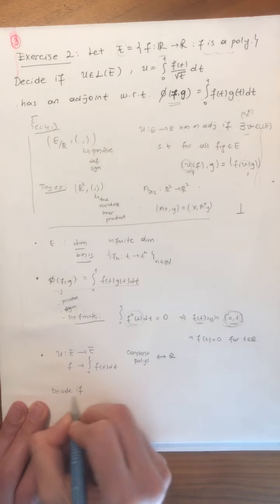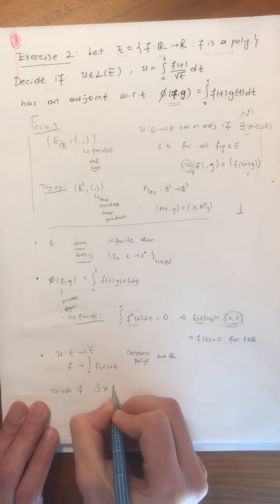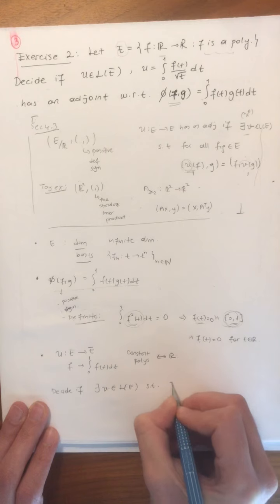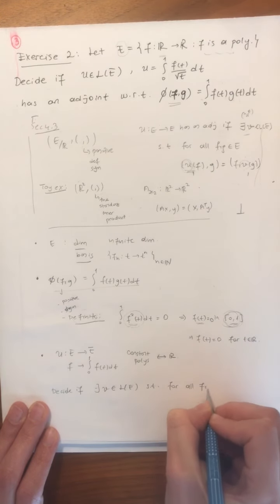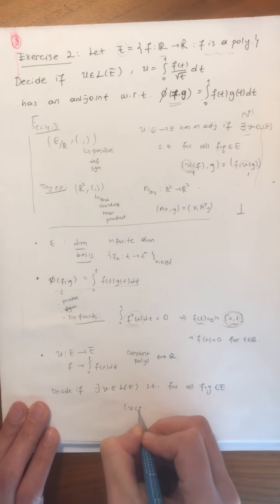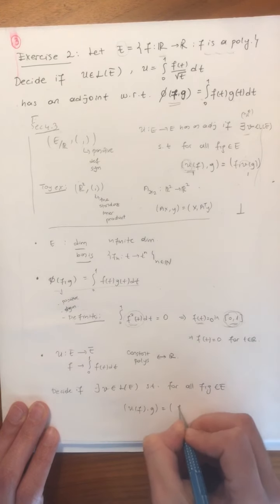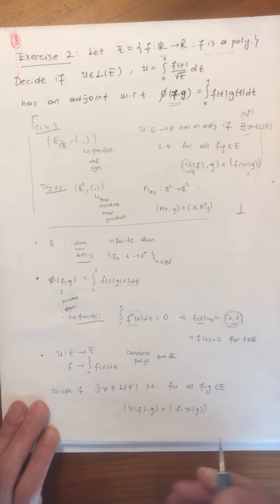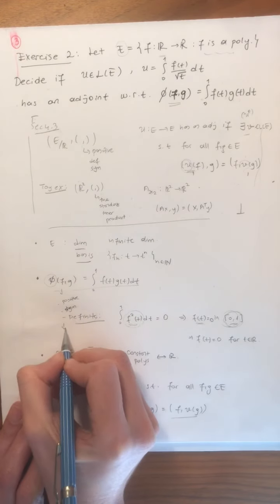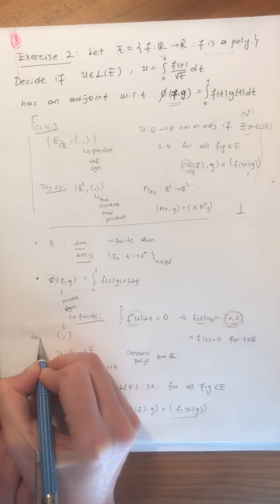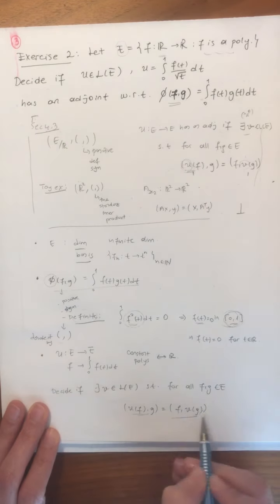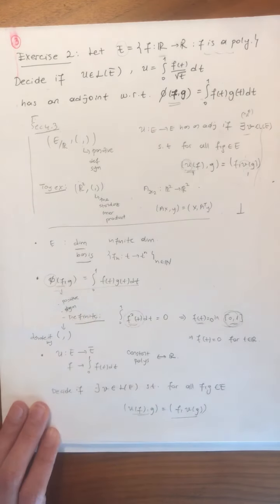So that means we want to decide if there exists V such that for all F and G in E, we have this equality. By the way, here note that I denote this bilinear form with a parenthesis. So that means we want to see this equality with respect to this bilinear form.